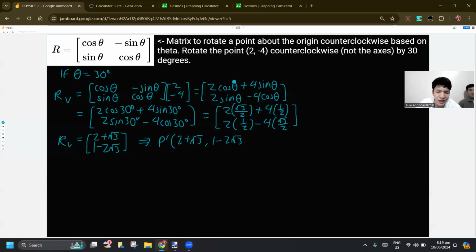And then we multiply it by matrix multiplication. So 2 times cosine and then -4 times sine. The next row would be 2 times sine and then -4 times cosine. So that would be these two rows.